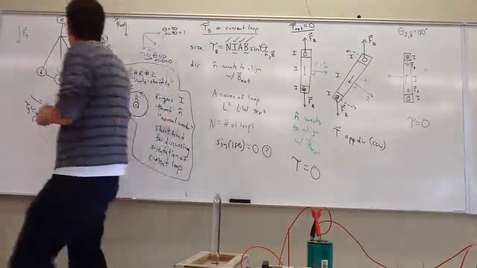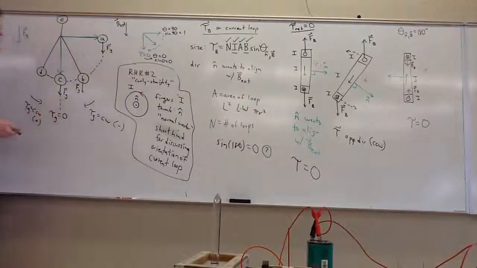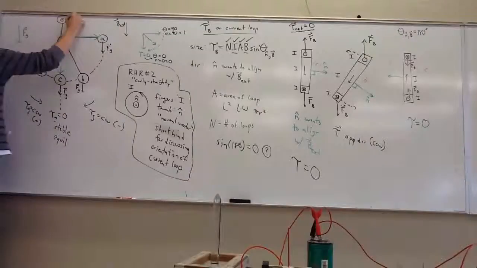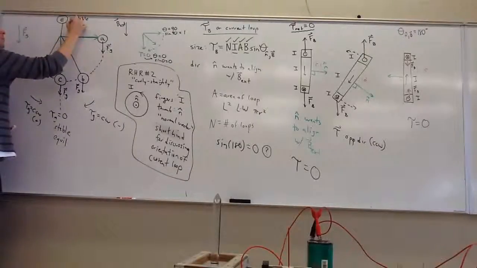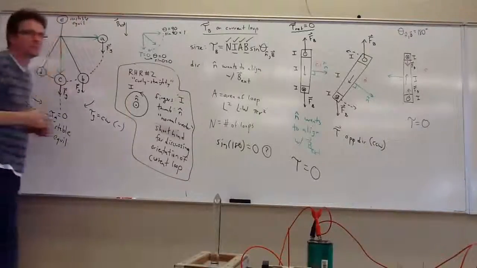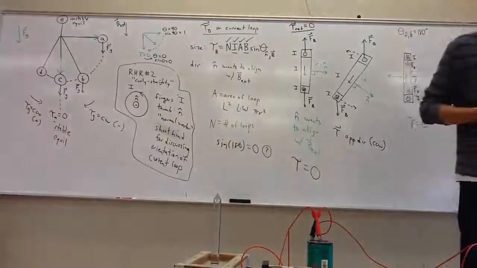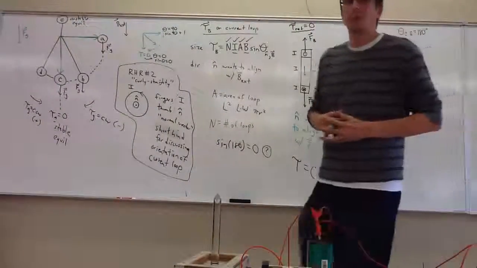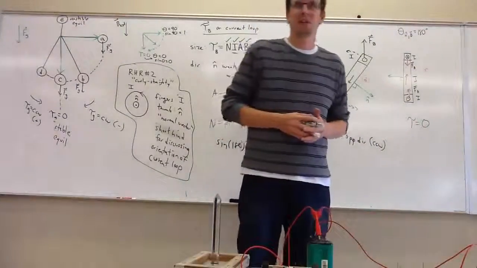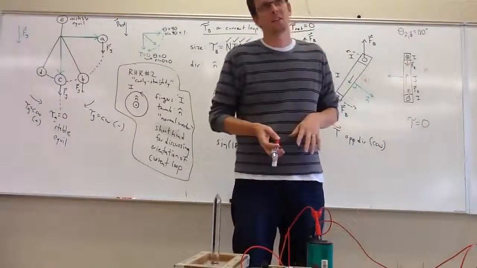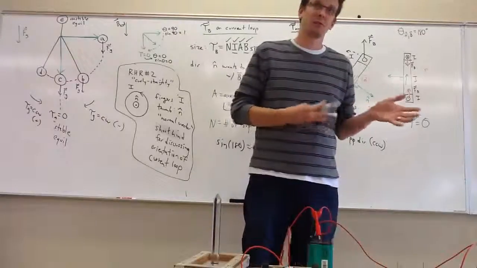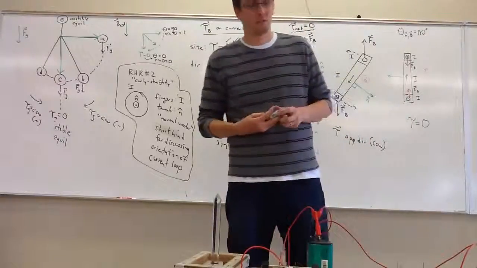So they're both zero torque orientations, but we call this a stable equilibrium, and we call this an unstable equilibrium. So the difference is not just that the torque is zero, but if you slightly perturb it, will the torque that you incur bring it back or take it somewhere else?